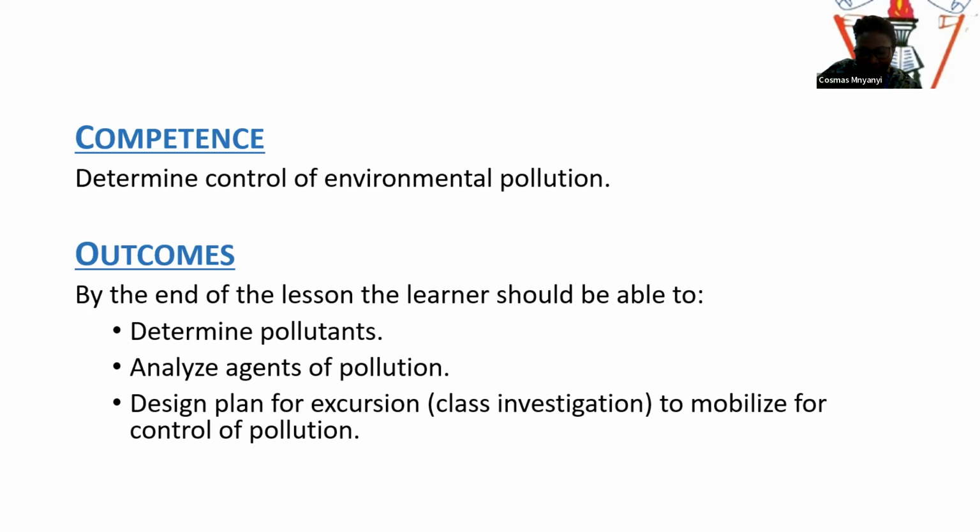That's why I said that we need to give our students autonomy for their own learning. And then from those, the teacher can ask questions. If the students can realize there are some agents of pollution, the main idea is also for the students to design a plan for an excursion to mobilize for control of pollution.